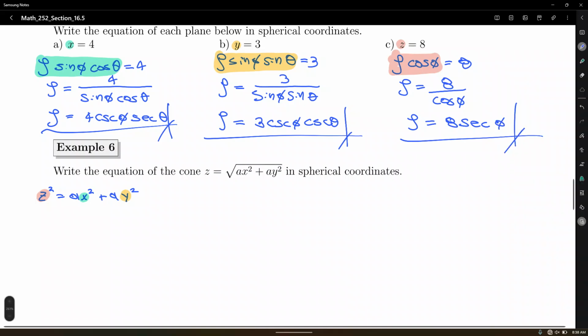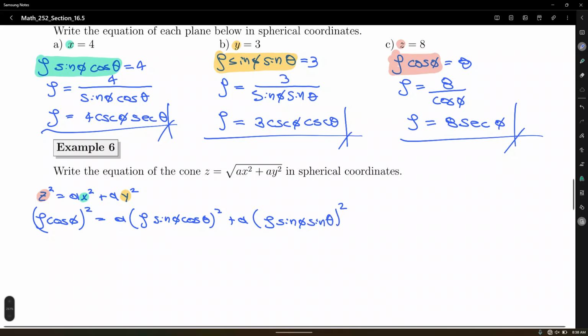So let's replace z with rho cosine phi, quantity squared, equals a times the quantity that is x, which is rho sine phi cosine theta, quantity squared, plus a times the quantity in yellow here for y, rho sine phi sine theta, quantity squared.